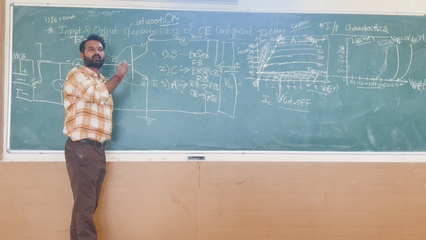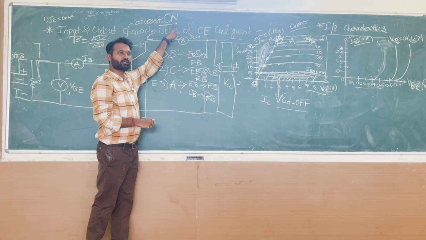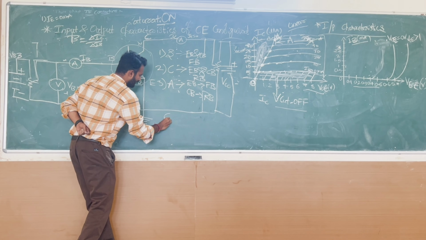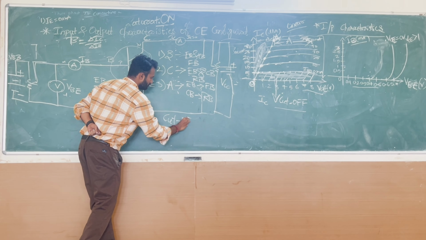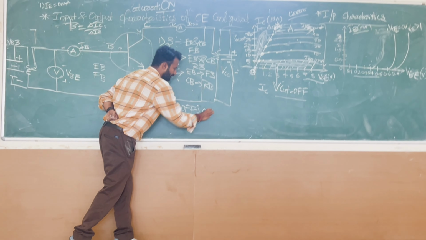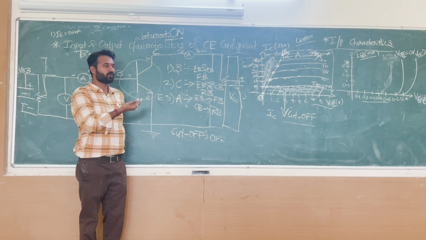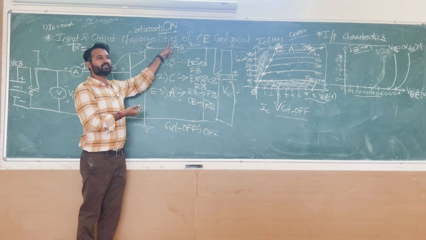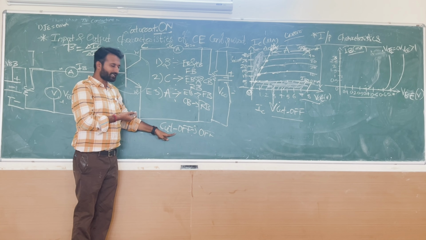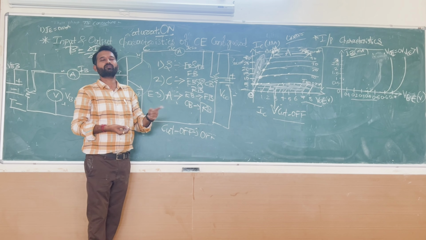In the saturation region, the transistor will be in ON condition. What is the spelling of cutoff? Cutoff. In the cutoff region, your transistor will be in OFF condition. On, off, on, off.